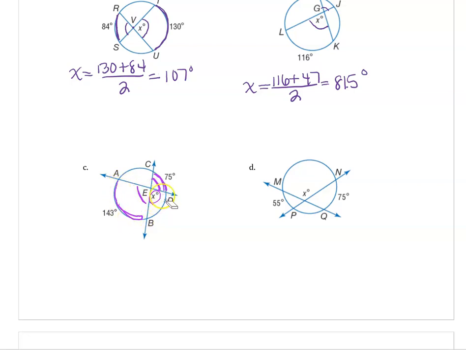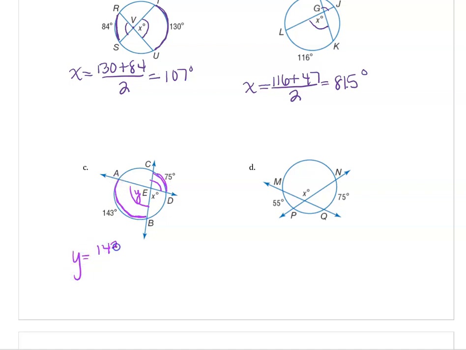So here's what I'm going to do. Let me erase this to clean it up a little bit. Let's call this angle right here Y, because I can use what I know about finding angle Y to then do a linear pair to get angle X. So angle Y and its vertical angle would mean you're going to sum 75 and 143.